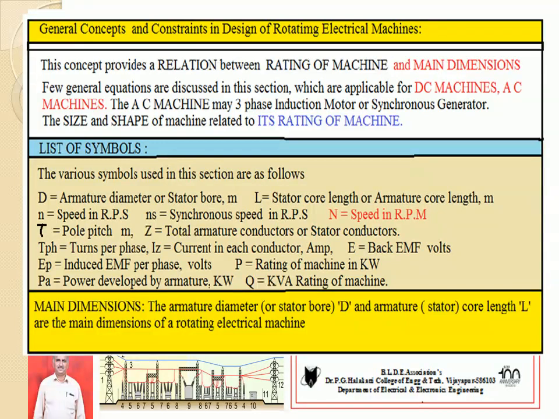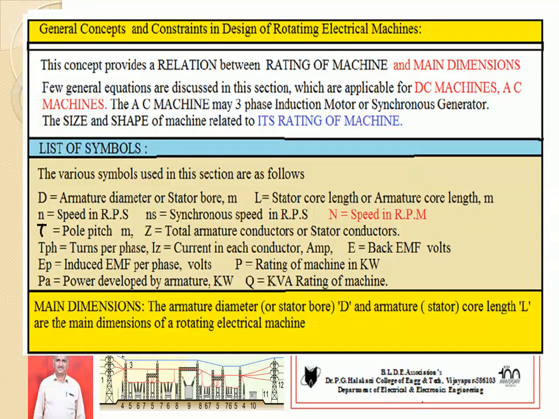So D be the diameter of armature in case of DC machine, or in case of AC it may be stator bore, in meters. L is the stator core length or armature core length. Stator core length is for AC machine, and armature core length is for DC machine.